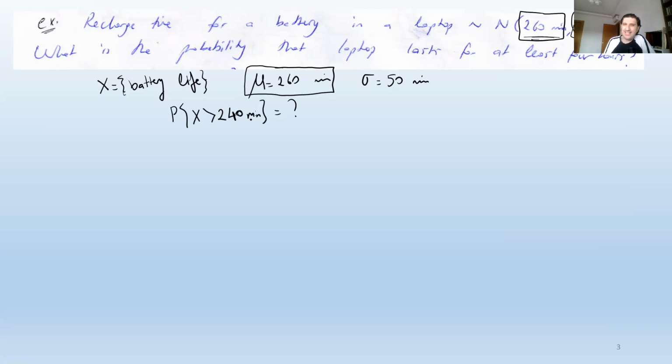What we are asked here is the right-hand side area. Therefore, since this probability will include the probability of x greater than 260 minutes, and since the mu value is also the median of the normal distribution, the probability here is going to be greater than 0.5. So if you find a value smaller than 0.5, there's surely a mistake.